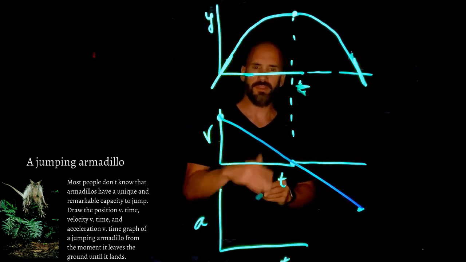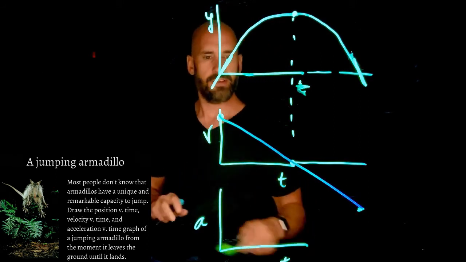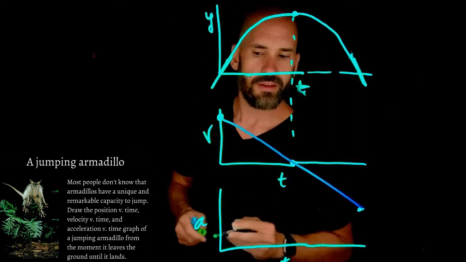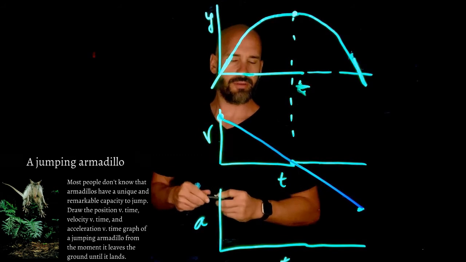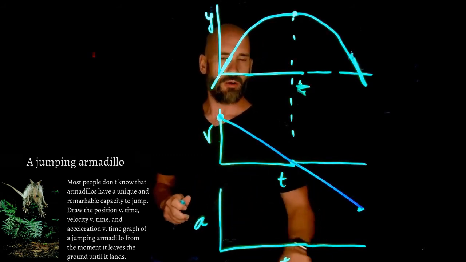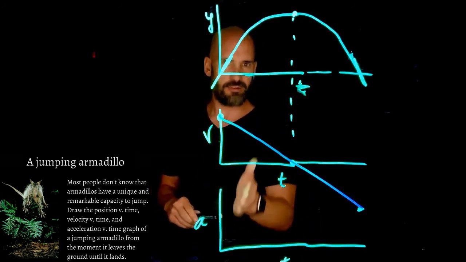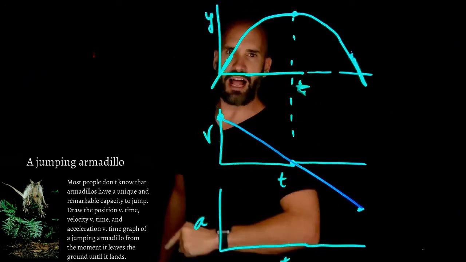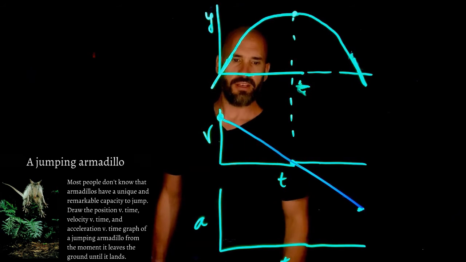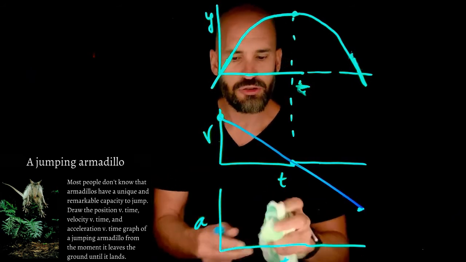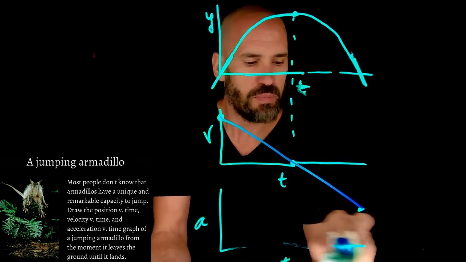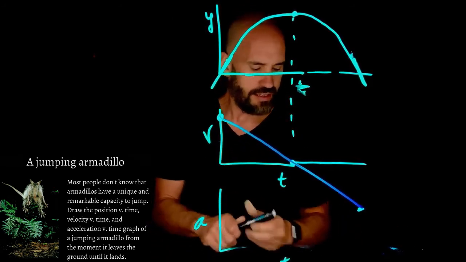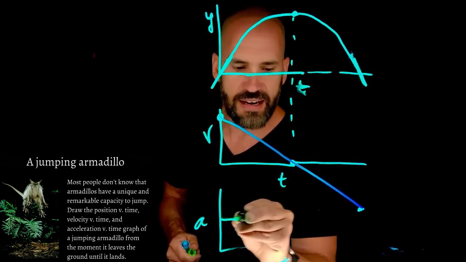Okay? All right. Finally, what will be the graph of acceleration versus time? So, what do we know? We know that acceleration is the slope of a velocity versus time graph, and we know that slope is negative, right? So that means I drew this a little wonky because we need to make ourselves some room for a negative acceleration.